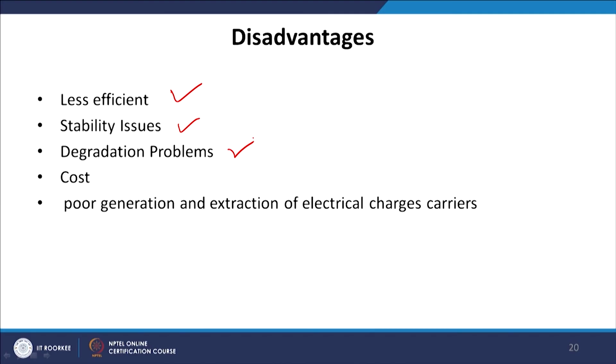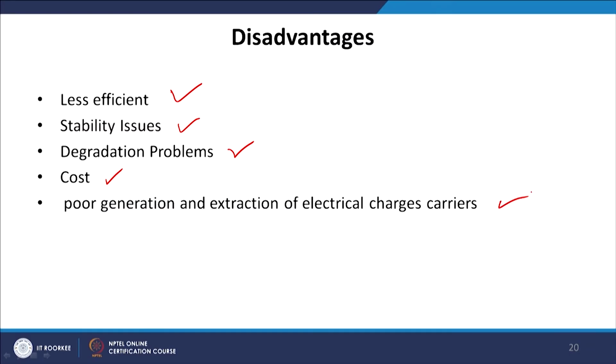Then there can be photodegradation of the conducting polymer. If you design a low band gap polymer, then the cost of production increases, and because of the high binding energy, the extraction of the electric charge carriers sometimes becomes difficult. These are some of the disadvantages that scientists are working on, and because of that the efficiency number is changing every day.